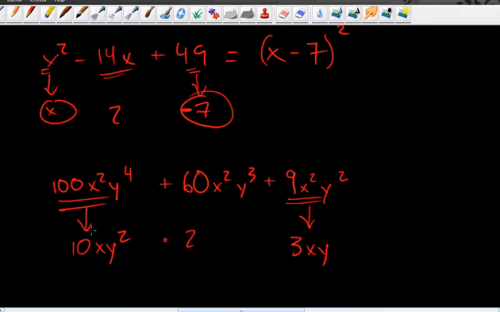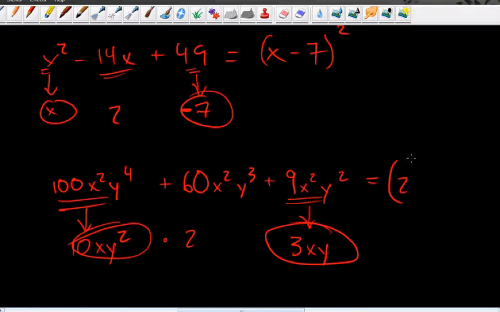Well, if the middle term is 2 times 10xy squared times 3xy, then we know we have what's called a perfect square trinomial, and we can factor it using our pattern that we've seen above. Well, 10xy squared times 2 is 20xy squared times 3xy is 60x squared y to the third.